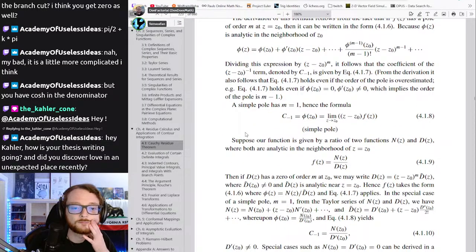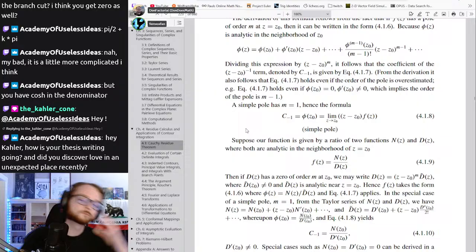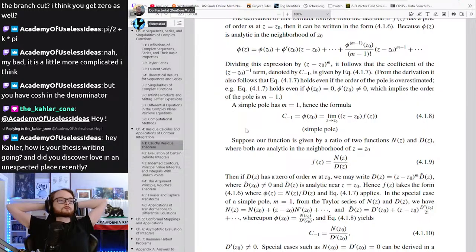If it's a simple pole, and I think these are all simple poles, then the residue is the limit as z approaches that z0, whatever the point is, of the function times z minus z0. So it's kind of like you're multiplying by z minus z0, so you can cancel out the zeros from the top and bottom of your expression.